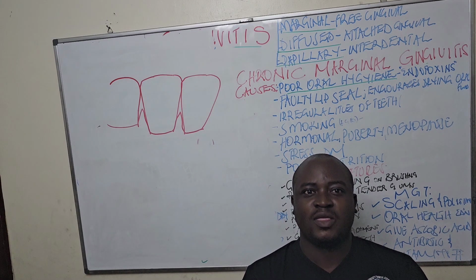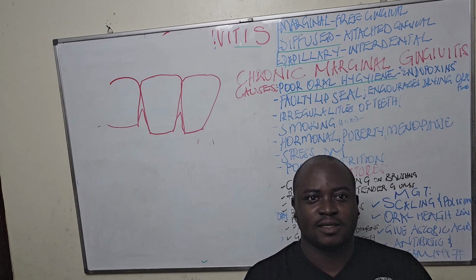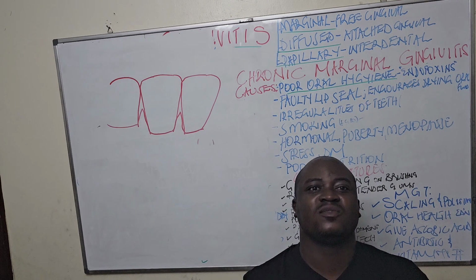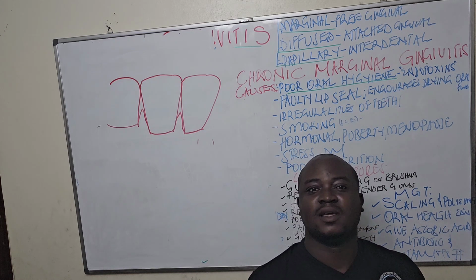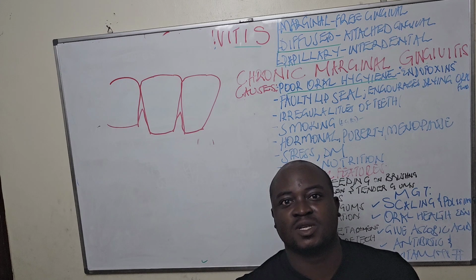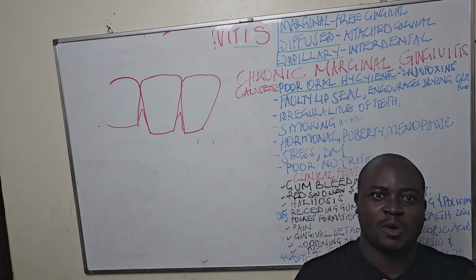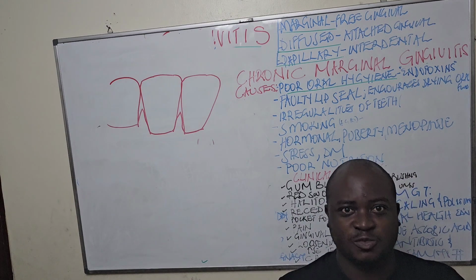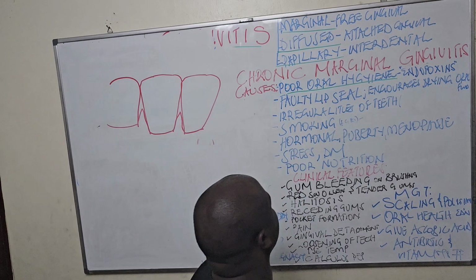The gum defends itself by producing the response of inflammation, because inflammation is an immune response. So in defending itself, the gum produces the immune response of swelling, what we call inflammation.